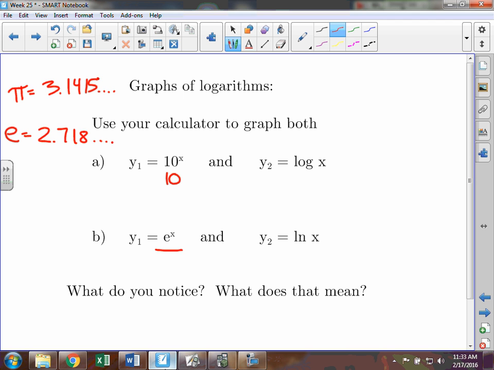E is a number that is massively important in mathematics. In particular, this is a pre-calculus class. When you get to calculus and you start doing a lot of your integration techniques, you start doing a lot of derivative techniques, basically whenever you start doing anything in calculus with exponents or with logarithms, the formulas are the easiest to use when you use this base E. The number E has many, many special properties that make calculus easier.